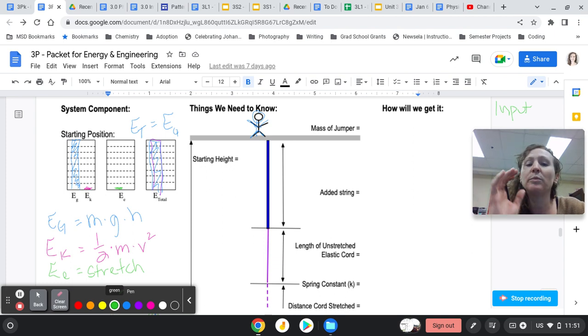And once we build our app for the amusement park to use, and different riders walk up to the app, these are the things that the amusement park can change. So we'll highlight these in green, and that way we'll know these are the things we can change on our spreadsheet. So massive jumper is one of those. It's going to be an input. It's going to be something we measure.